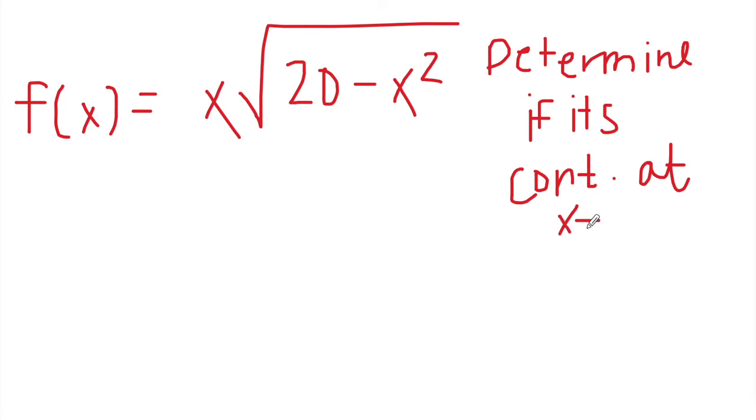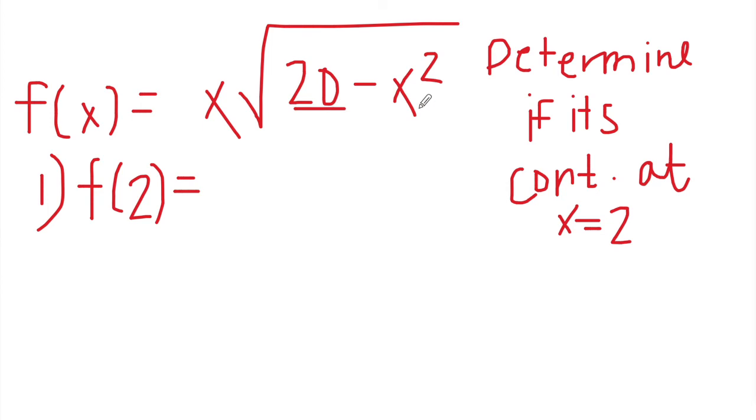So that's what we're trying to determine. First, what was the first step? You need to figure out if f of 2 is defined. When we plug in 2, we get 2 times the square root of 20 minus 4, which is square root 16, and square root 16 is 4. So 2 times 4, which is 8.